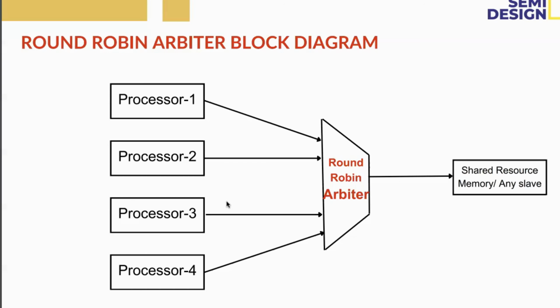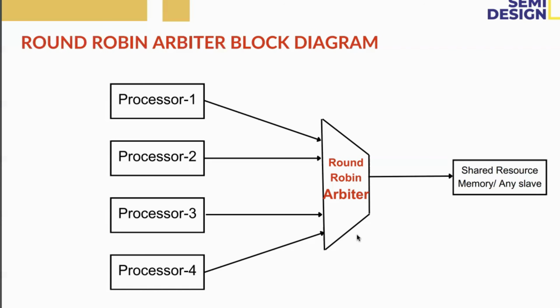So which processor will access that memory at what time? There are 4 processors. By using round robin arbitration, first processor 1 can access the memory, then processor 2, then processor 3, then processor 4, in a round fashion. This is a simple block diagram for this.